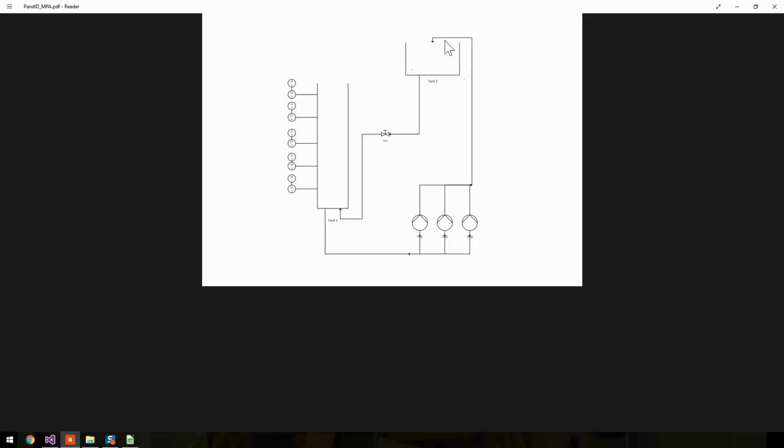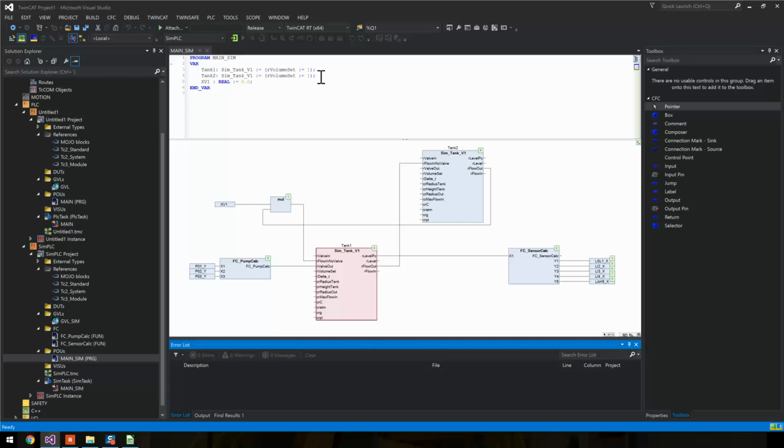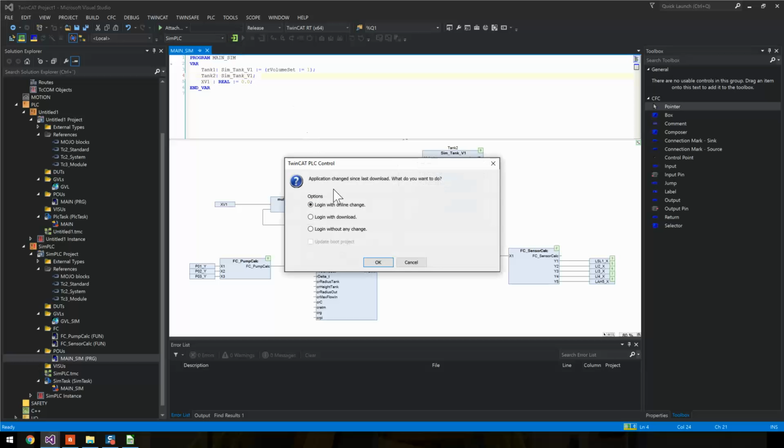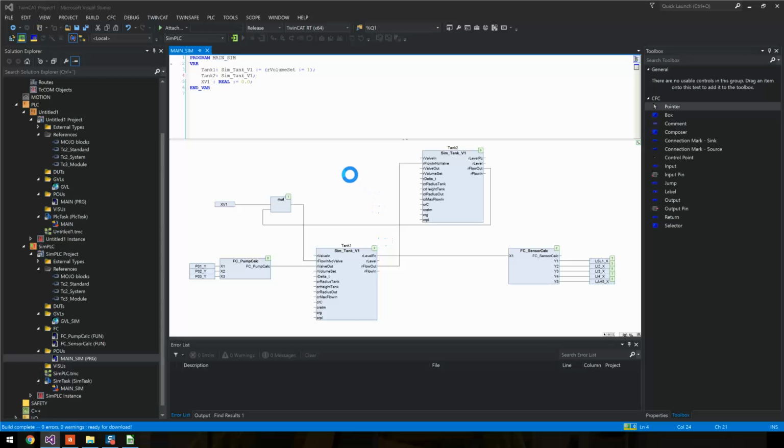It's lower, but it's bigger than this one, so if you pump everything out of this one, it won't flow over. There's still room. So let's leave tank 2 to 0. That's the default value. And download so we can reinitialize, hopefully.